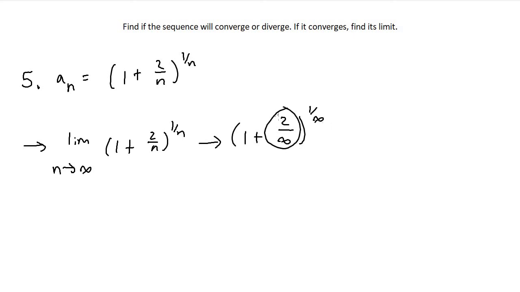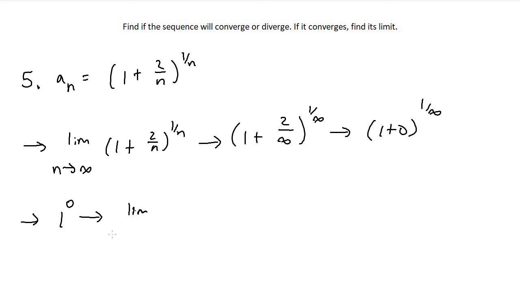Now 2 over infinity is just going to be 0, because 2 over a very large number just goes to 0. So we'll get 1 plus 0 to the 1 over infinity power. And 1 over infinity is the same thing as 2 over infinity. It's basically going to go to 0, because 1 over a very large number gets closer and closer to 0. So we'll get 1 plus 0, which is 1, to the 0th power.